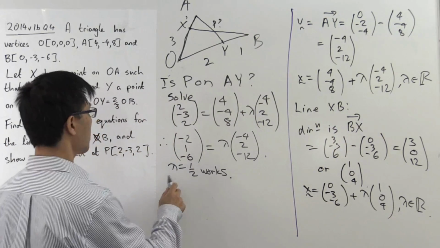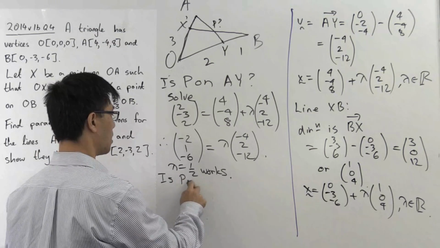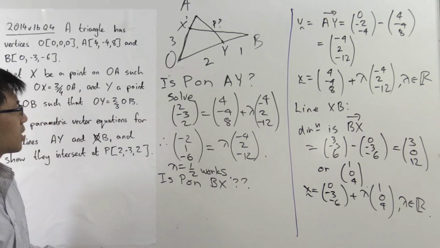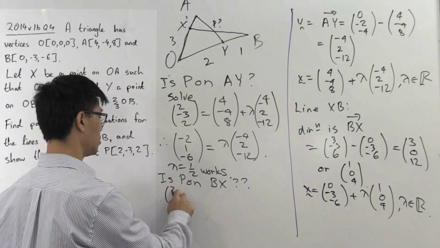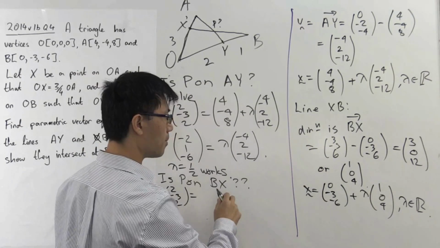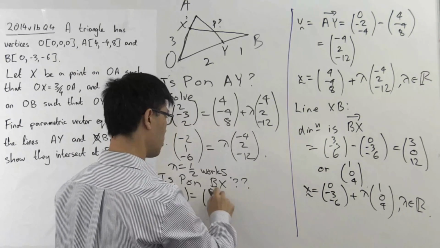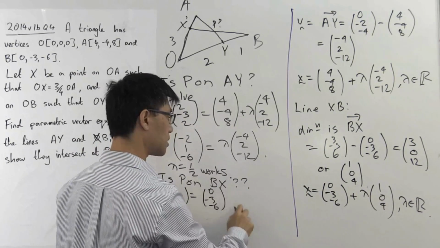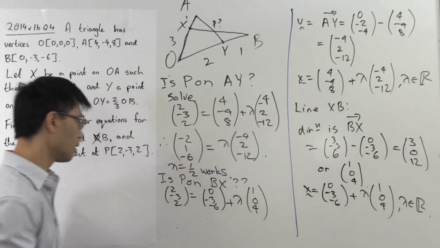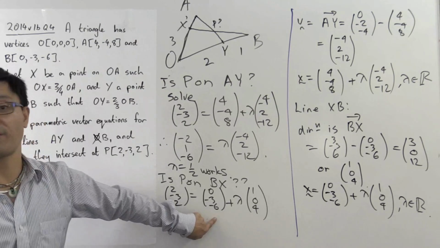Okay, so is P on BX? Okay, we do the same thing. We'll solve (2, -3, 2) is equal to, now we have this, (0, -3, -6) plus lambda (1, 0, 4). Okay, so we subtract this vector from both sides.